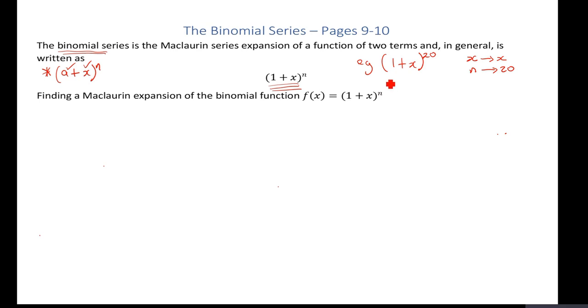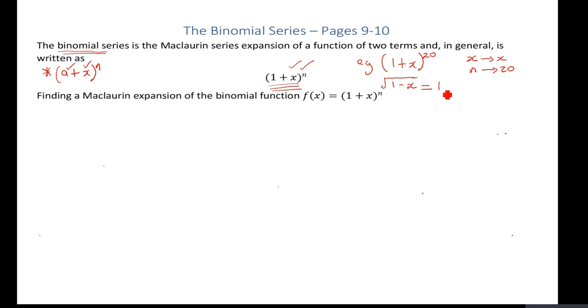Now look at this here. Square root of 1 minus x. It has the same form as a binomial series, 1 plus x to the power n. Can you figure that out? Why do I say it has the same form? Because I can rearrange.